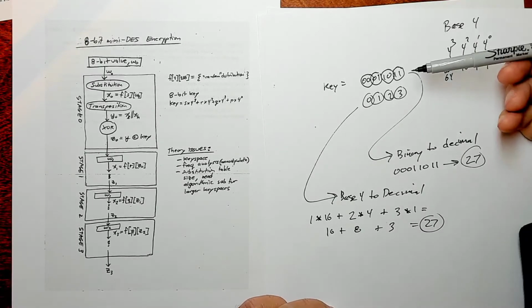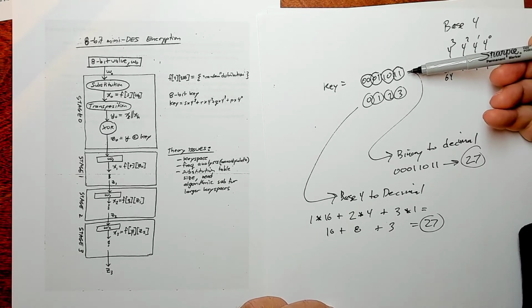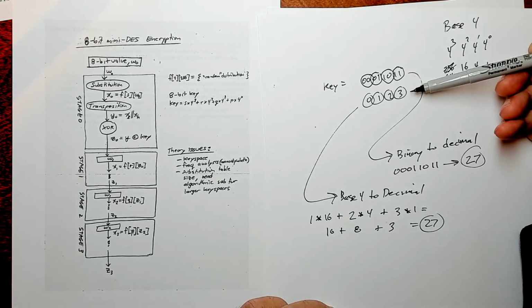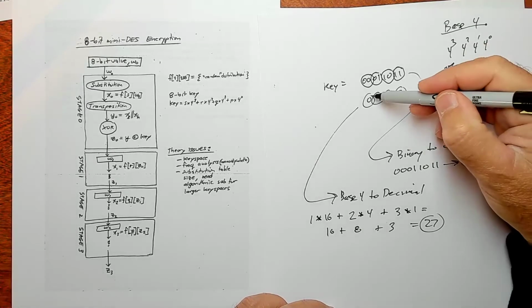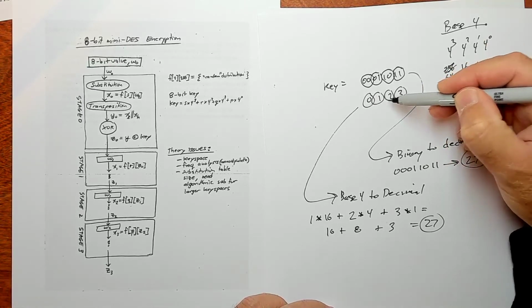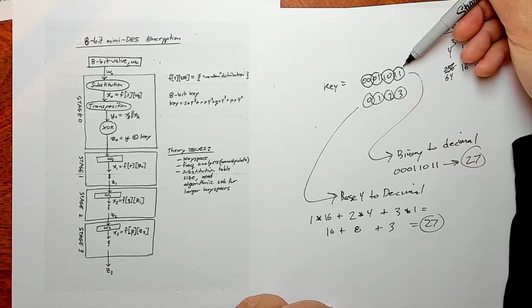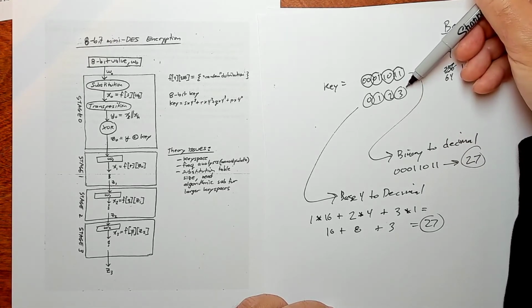So you can take an 8-bit binary number and express it as a 4-digit base 4 number, but really what we need is these 4 indexes. I want to be able to use an 8-bit key, and from that I want to extract 4 indexes.